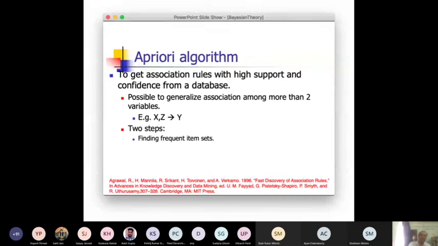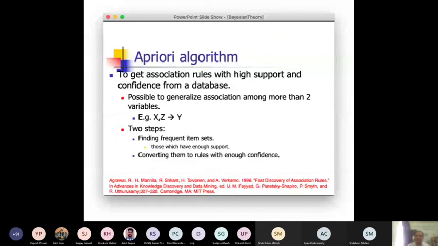So we try to find frequent item sets, that means those which have enough support. And then for each item set which is frequent, you have identified a certain combination of item sets.